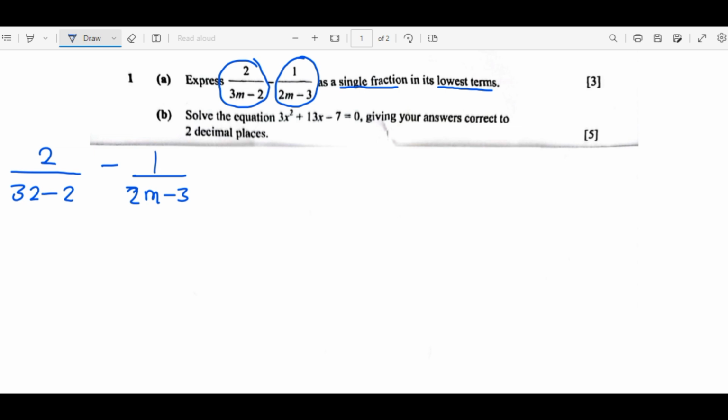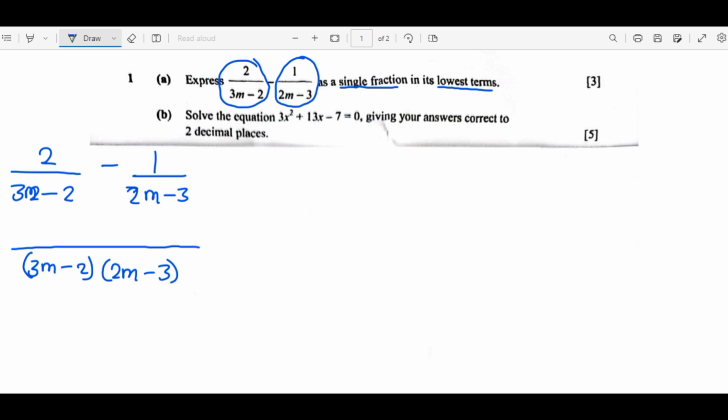Step number 1, we are going to find the lowest common denominator. We just have to put these two into brackets. So we have 3m minus 2 in brackets, 2m minus 3 also in brackets. Then the concept is we divide 3m minus 2 into 3m minus 2 times 2m minus 3.